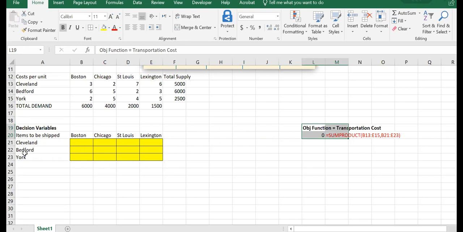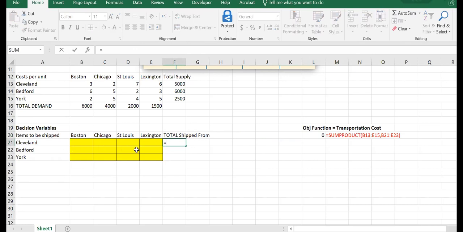So for each supply center, the total shipped from each supplier is going to be the sum of these numbers. So sum of anything that is shipped from Cleveland. Let me just write down one constraint, and we can always copy the formula.